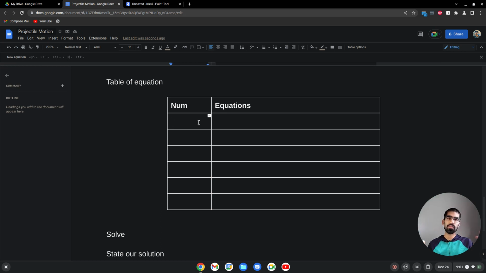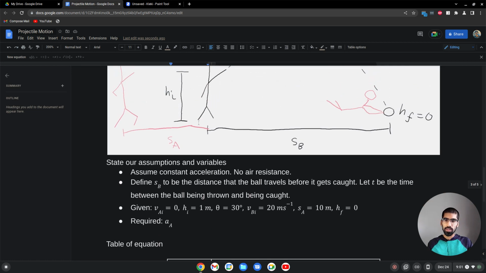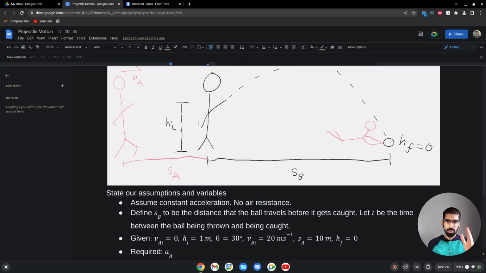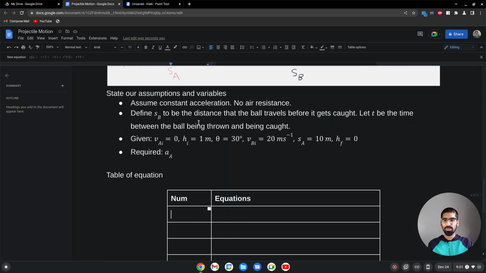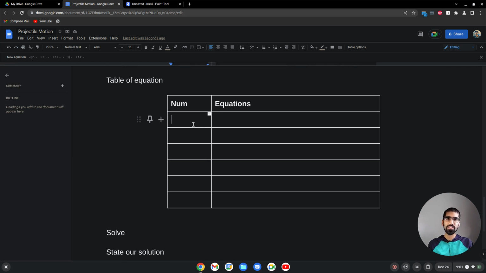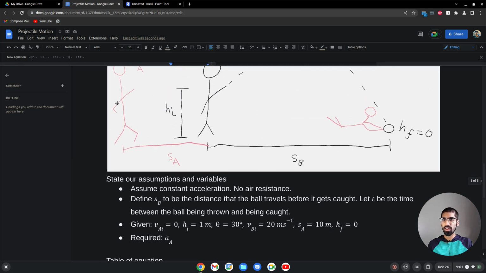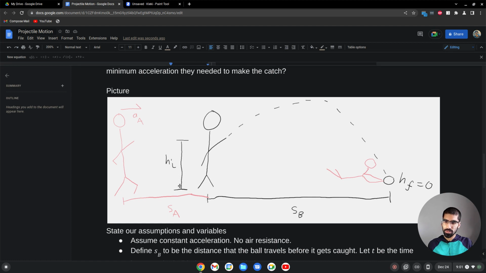We want to have at least as many equations as unknowns. Here, you'll see the advantage of having a table of equations instead of a mess, because we have different objects, a person moving and a ball moving, and different directions, x and y directions.